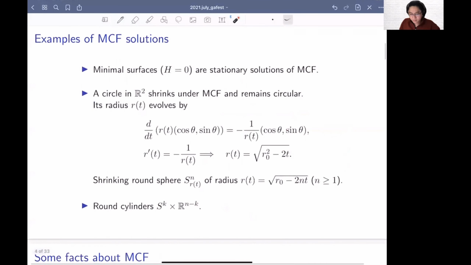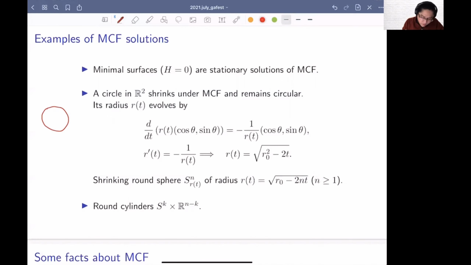Now let's look at some of the basic examples. The first example would be the minimal surface. They have zero mean curvature, and therefore they are stationary solutions of the mean curvature flow. The second example is the circle.